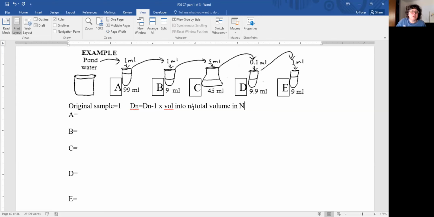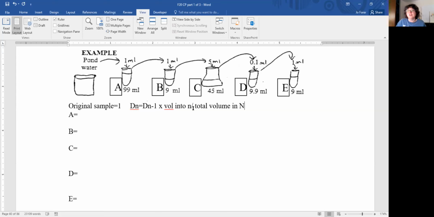That makes the dilution we're going to call dilution A. After mixing tube A, we take 1 milliliter out of tube A and put it into the next container, which we call dilution B. That container only has 9 milliliters of sterile liquid in it to start with, but we're adding 1 more, so it ends up with 10 milliliters.